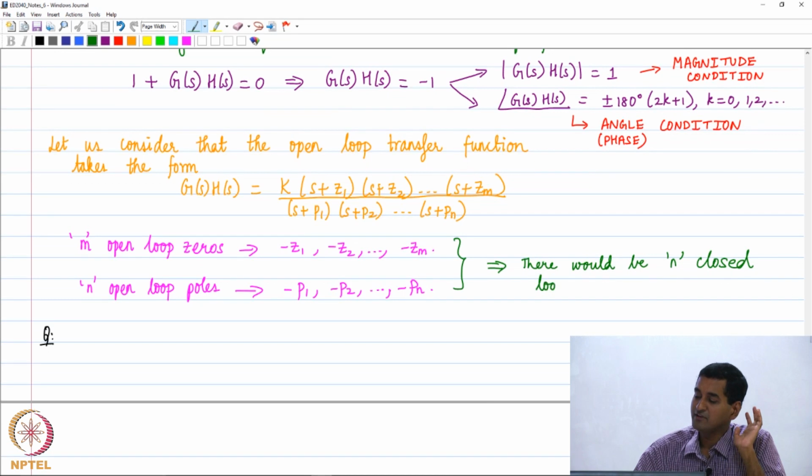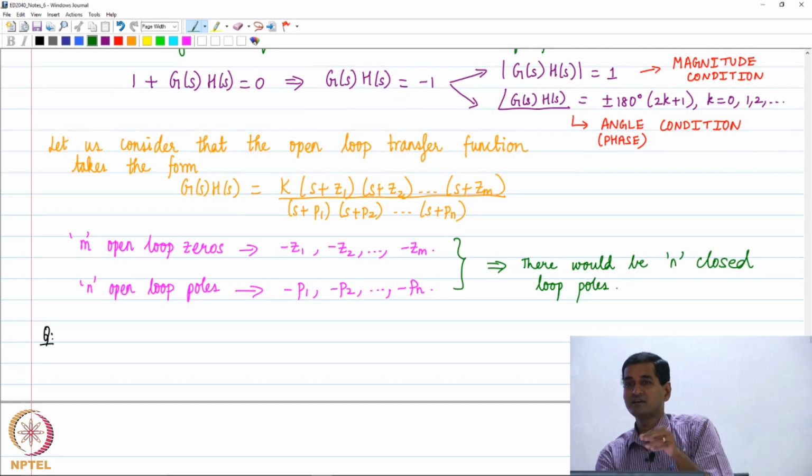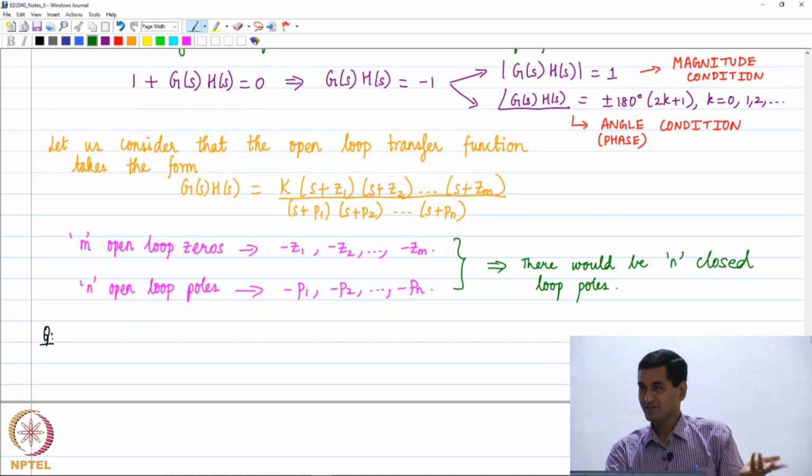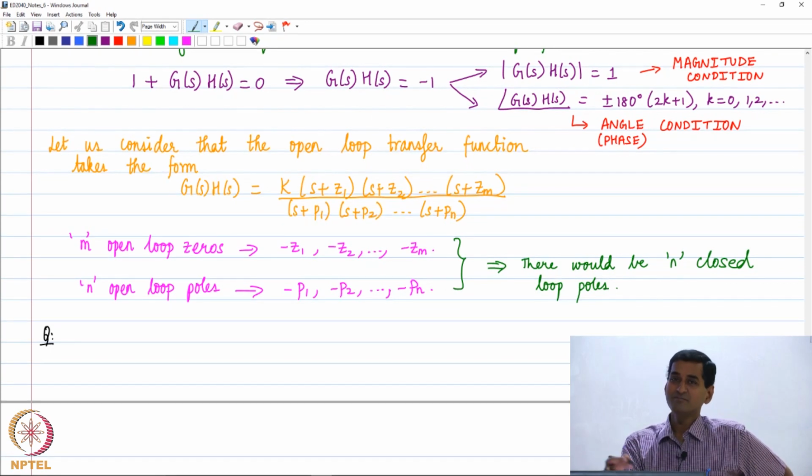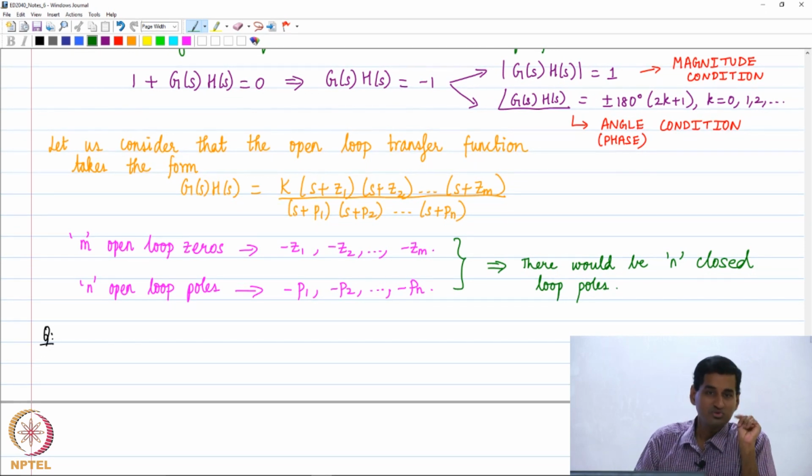Why? Because the moment you calculate 1 plus g of s h of s equals 0 and take the LCM, you will get an nth order polynomial. If the order of the open loop transfer function is n, the order of the closed loop transfer function will also be n. If you evaluate 1 plus g of s h of s, you would see that it will be an nth order polynomial, so you will be solving for n roots. So you will have n closed loop poles. I hope that's clear to everyone.